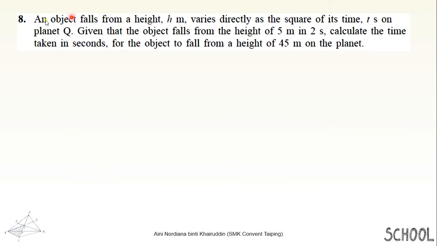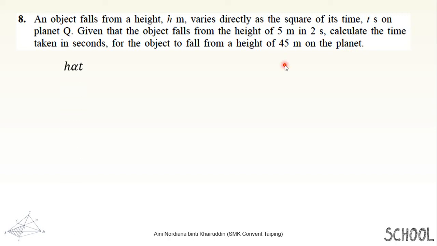Number 8. An object falls from a height h meter, which varies directly as the square of its time t seconds on planet Q. Given that the object falls from the height of 5 meter in 2 seconds, calculate the time taken in seconds for the object to fall from a height of 45 meter on the planet.